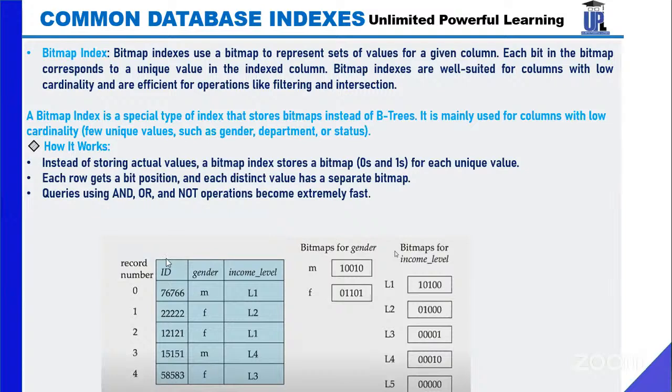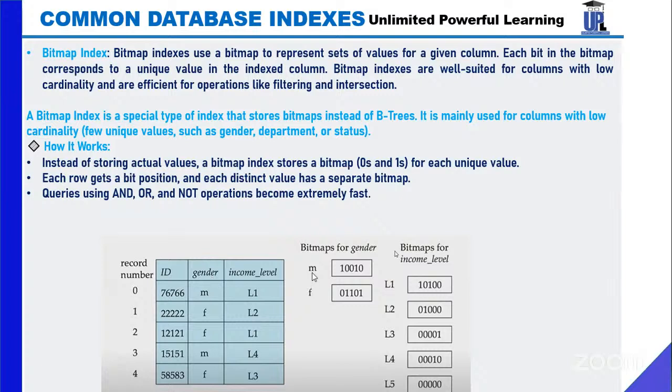Here, assume that this is a table you have created. In that, gender is there, and income level is also there. Now, instead of a B tree in a clustered index, it is planned to use the bitmap index. If you look at gender, bitmap means a binary representation, bits.